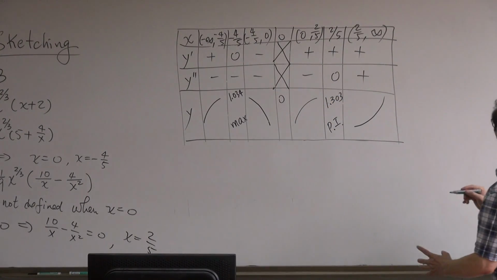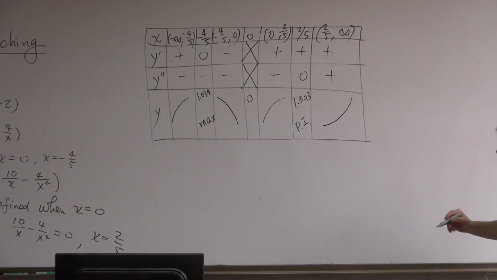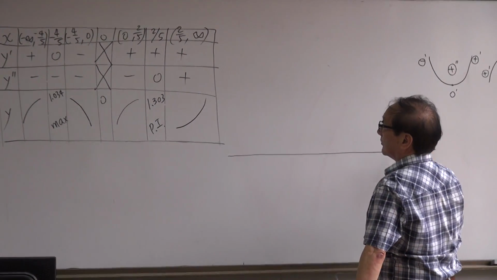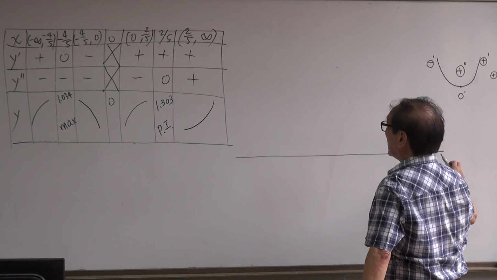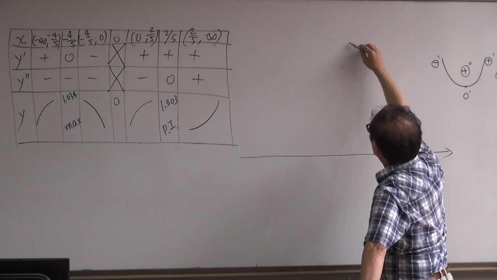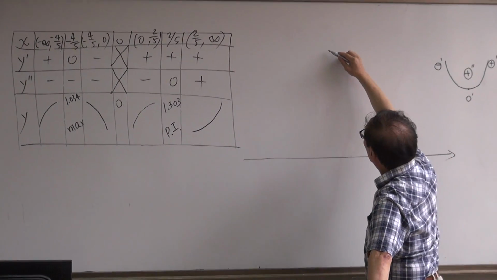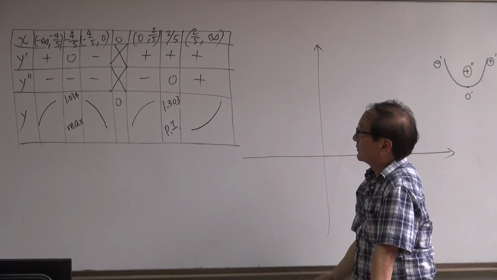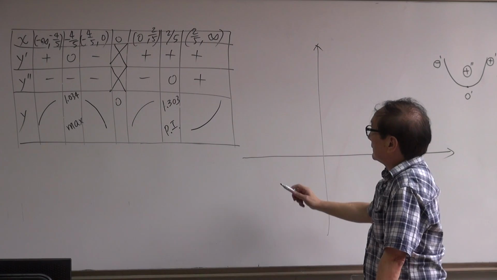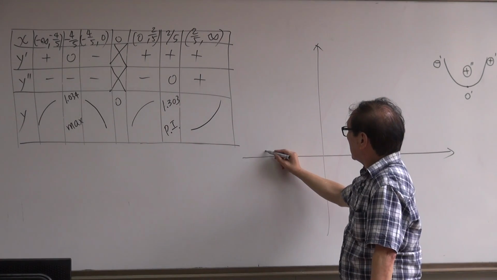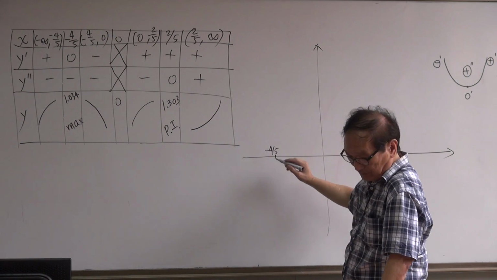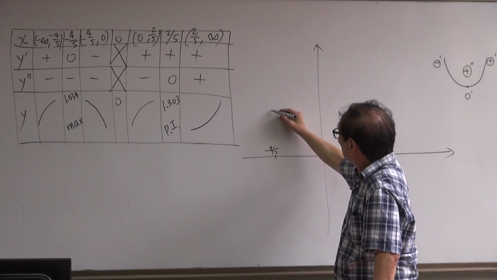All right, then we sketch the curve by joining these pieces of information. The first point is minus 5/4. The point is 1 point something. This is 1.